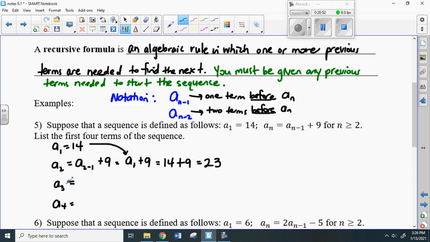All right, so let's do that again with 3. So if I have A3, then in place of n, I'm going to put a 3. Well, then that forces me to do 3 minus 1, but it's still a subscript. And according to that formula, I have to plug in A2 plus 9.